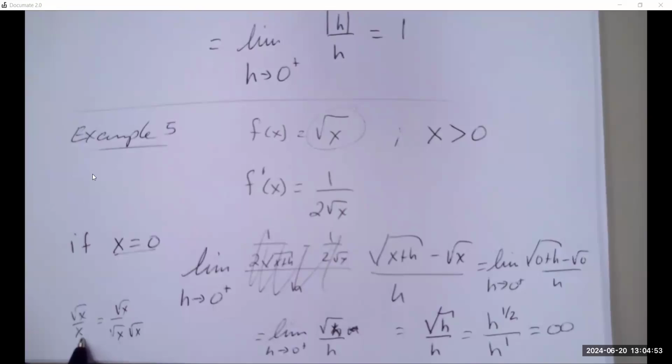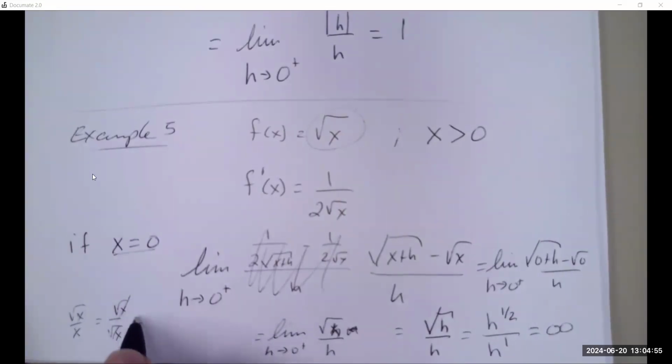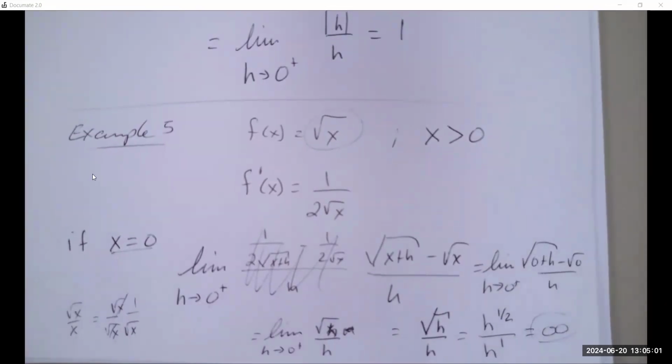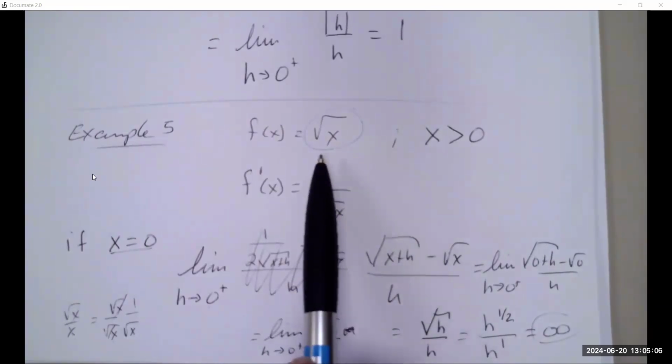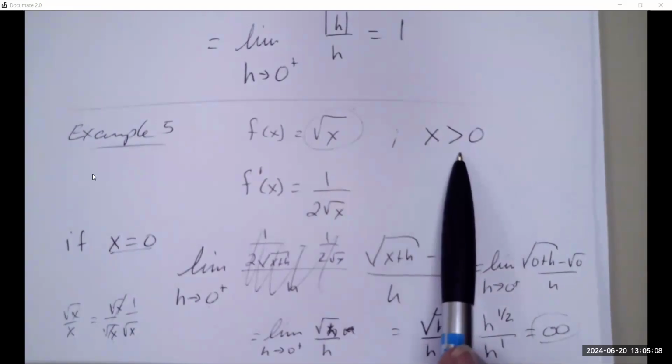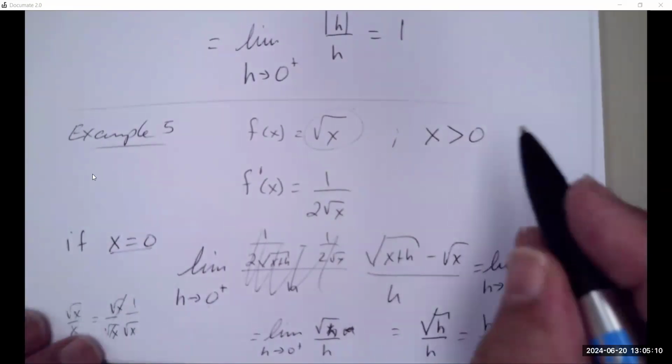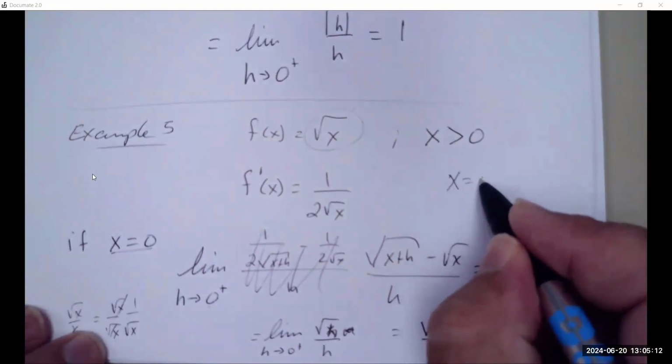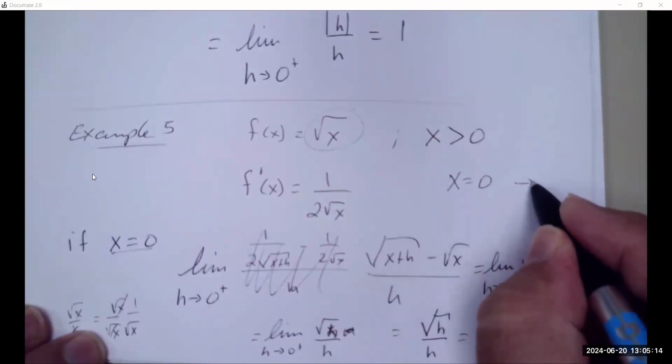So these cancel, leaving 1 over. As x goes to 0, we have 1 over 0, which is infinity. So that's how come in our original function, it says x has to be greater than 0, because at 0, it goes to infinity.